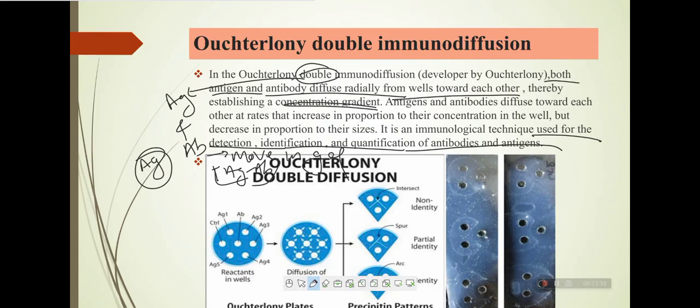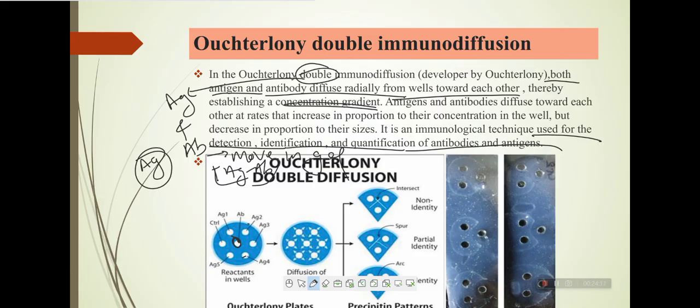We punch the agar plate and form wells. This is the center well and these are the side wells. We put antibody in the center well, and in the side wells we put different types of antigen.